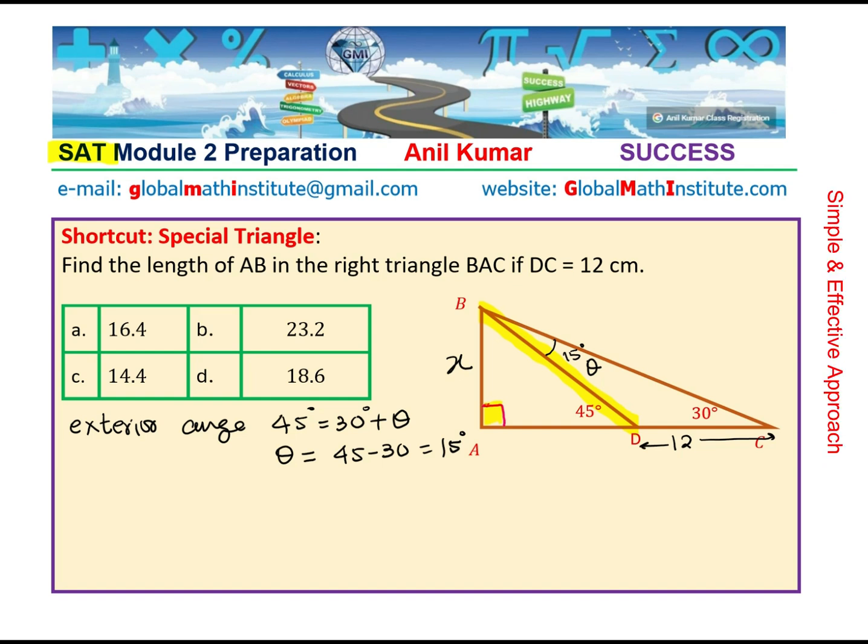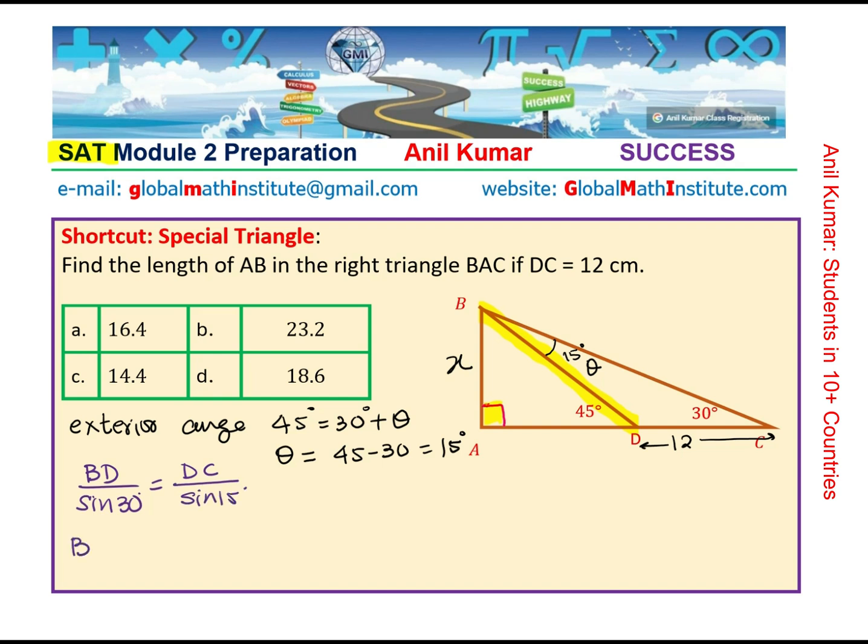Now, from the sine law, we can find BD. BD over sine of 30 degrees equals DC over sine of 15 degrees. So BD is equal to DC, which is 12, over sine 15, times sine 30.